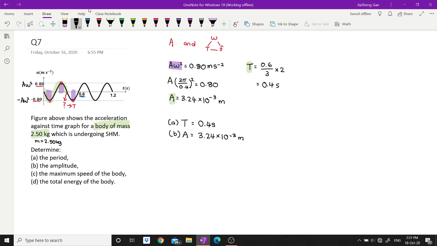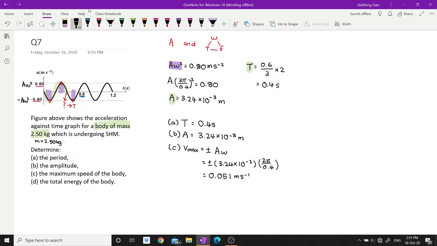The maximum speed of the body is just Vmax, and I believe you are very familiar with the formula now, which is plus minus amplitude times angular velocity, A omega. If you substitute everything inside, 3.24 times 10 to the power of negative 3 times omega, which is 2 pi over 0.4, you should be able to get the answer 0.051 meter per second.